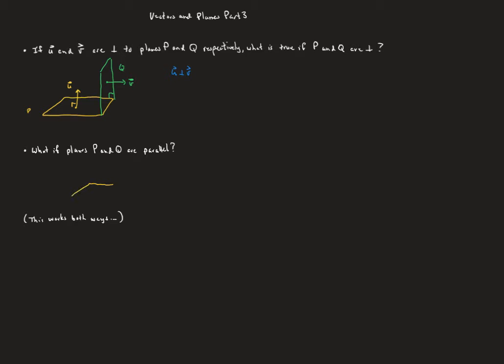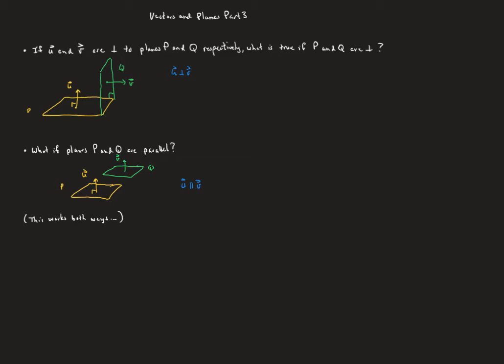Similarly, if I can draw this, if we have plane P that has vector u again perpendicular to it, and then if we have plane Q that is parallel to plane P and it has a vector v perpendicular to it, hopefully we can see then that the vectors must be parallel as well.